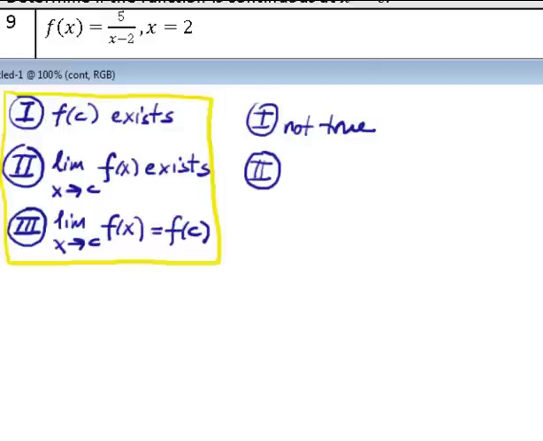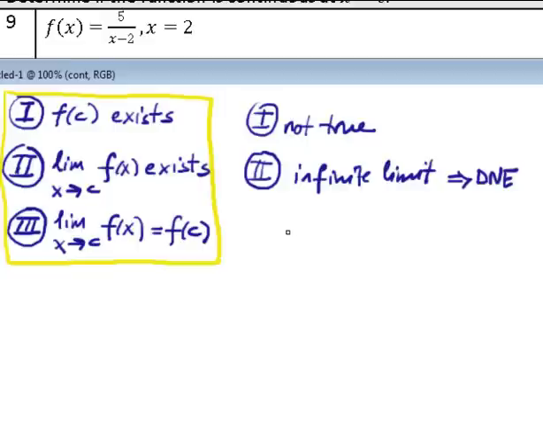Infinity if x is bigger than 2, and minus infinity if x is less than 2. So this is an infinite limit, what we were calling an infinite limit. Infinite limit means does not exist. That's one type of limit that does not exist.